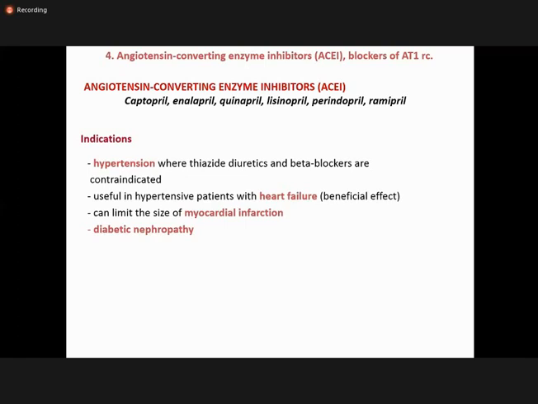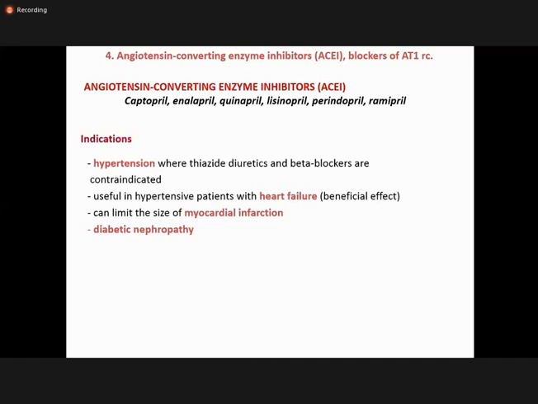Indications, hypertension where thiazide diuretics and beta blockers are contraindicated. Useful in hypertensive patients with heart failure, that will lead to beneficial effects, can limit the size of myocardial infarction, and especially one important point. This is the exam oriented point.